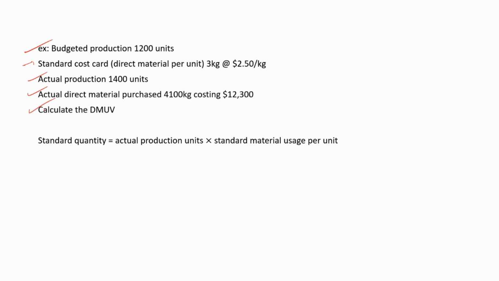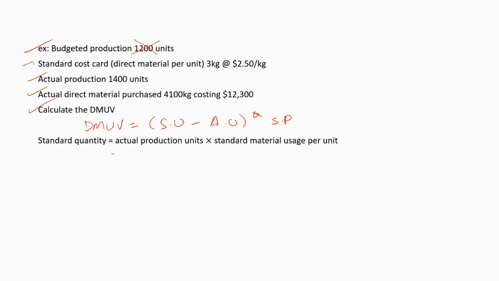Calculate the direct material usage variance. The direct material usage variance is equal to standard usage minus actual usage, multiplied by the standard price. As I said earlier, the budgeted production unit figure is not relevant to the calculation of variances.